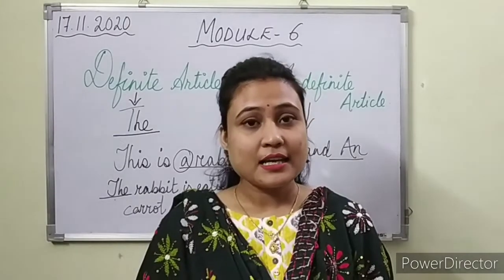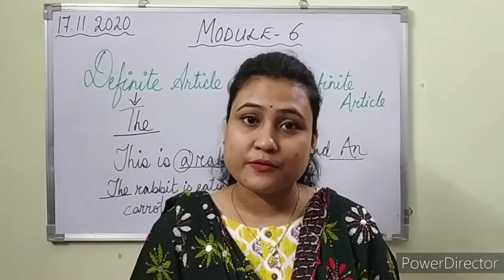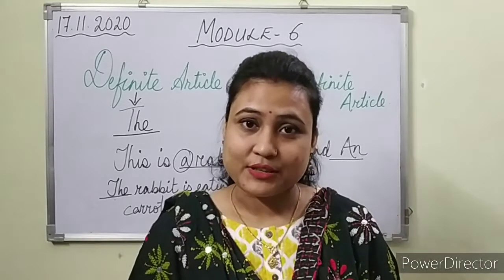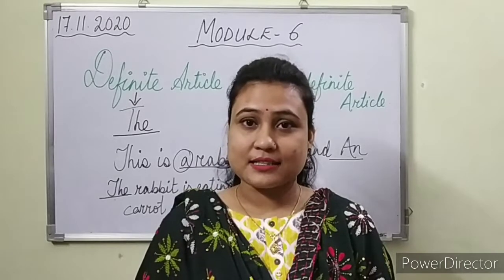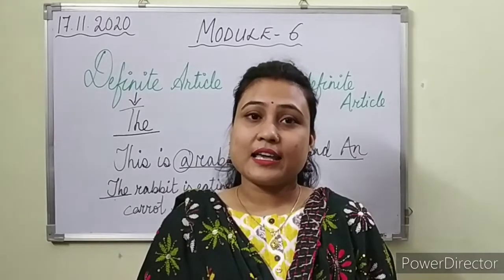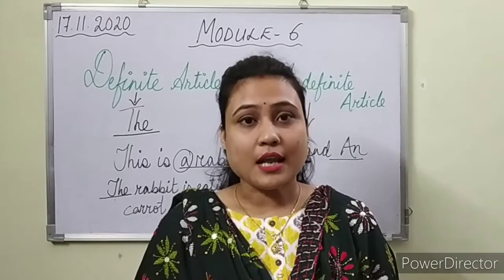Got it? Now the differences between definite and indefinite article. So let's check what are the differences that we have learned in definite and indefinite article. There are three articles: a, an and the, right? Articles a and an we use for singular nouns.